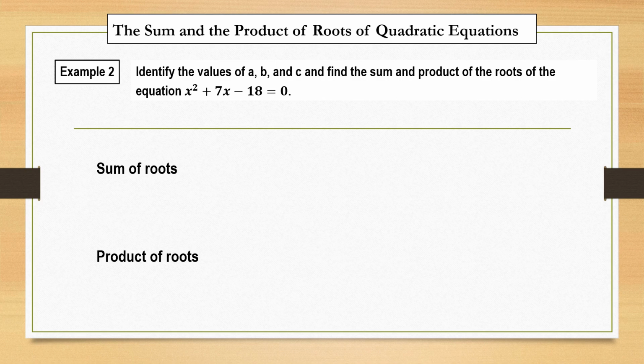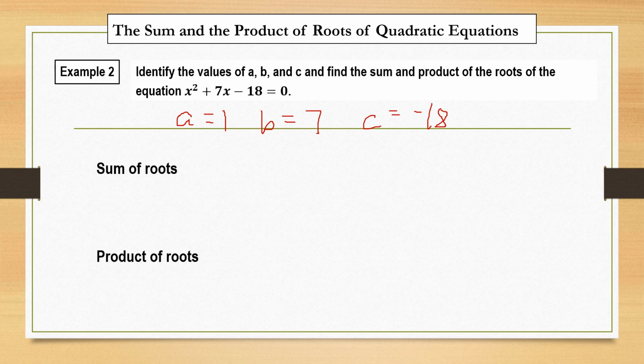Another example. Identify the values of a, b, and c and find the sum and product of the roots of the equation x squared plus 7x minus 18 is equal to 0. So in the given equation, a is equal to 1, b is equal to 7, and c is equal to negative 18.